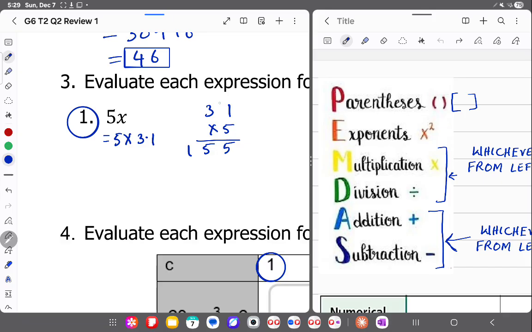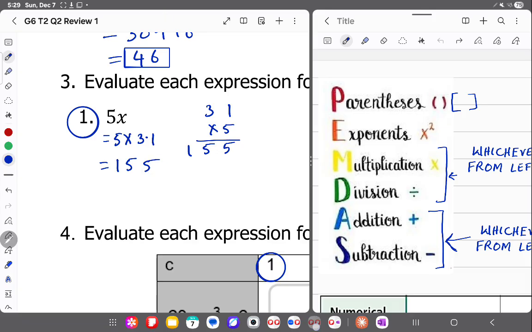So you have ones, tens, hundreds. This is extremely important so that when you add or subtract bigger numbers, you get the correct answer and avoid silly mistakes. So 5 times 1 is 5, 5 times 3 is 15. So you get 155, right?